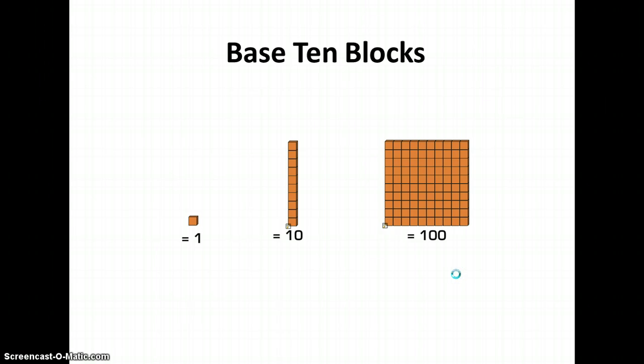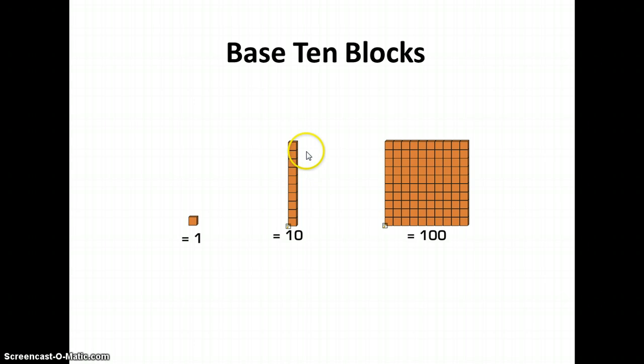Next, we're going to show how to solve this problem using base 10 blocks. Now, here's a key to help you if you are confused. One block is represented by 1, and this is for whole numbers. And the next is 10, and the next is 100.